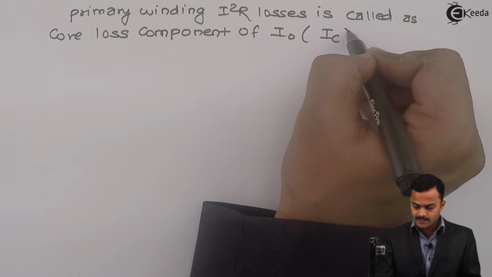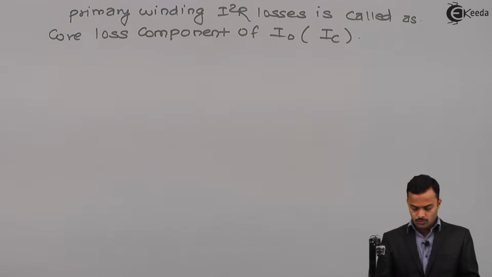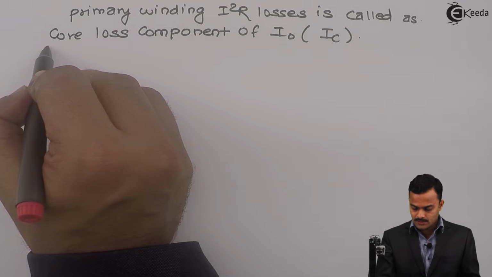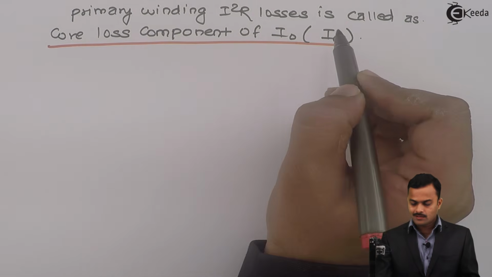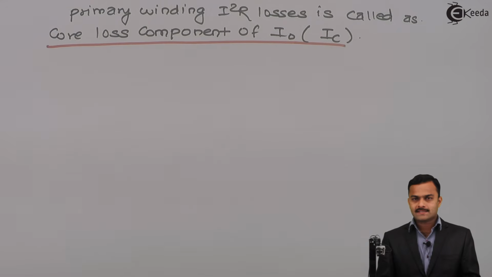We denote it as IC. So the core loss component of current is responsible for taking care of losses happening inside the core.